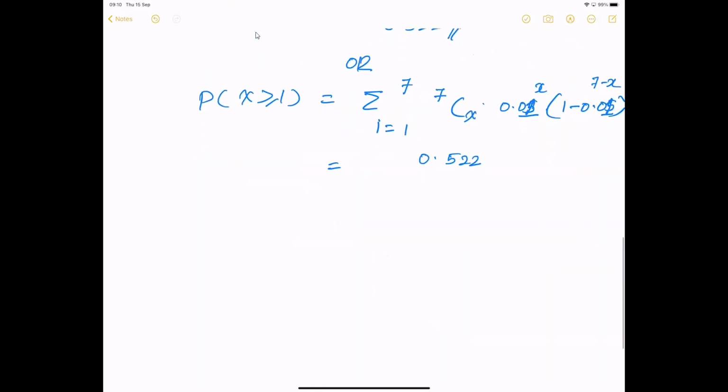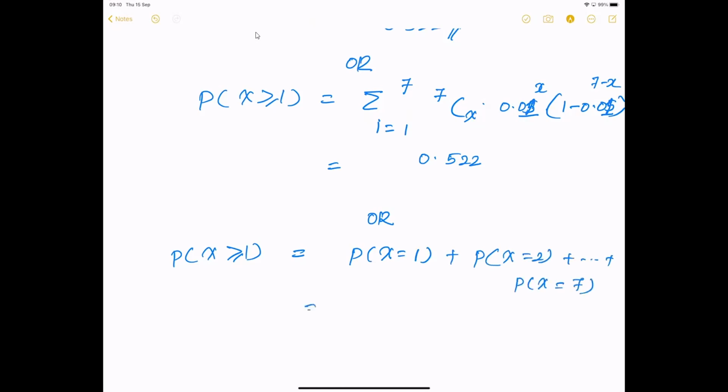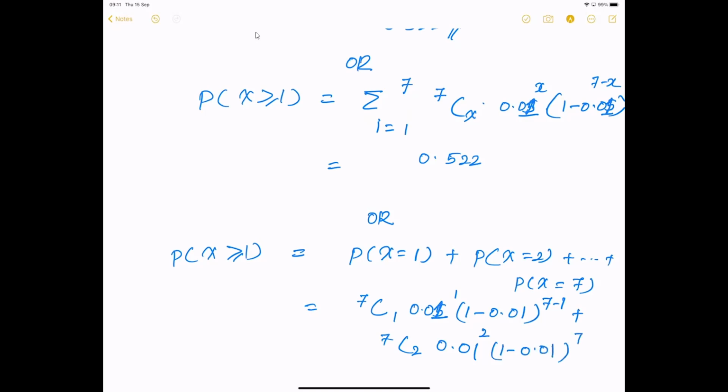Or otherwise, take x as 1, 2, up to 7. Substitute each and every x value into the equation: 7 choose 1 times 0.01 into 1 minus 0.01 to the power 7 minus 1, plus 7 choose 2 times 0.01 squared into 1 minus 0.01 to the power 7 minus 2.